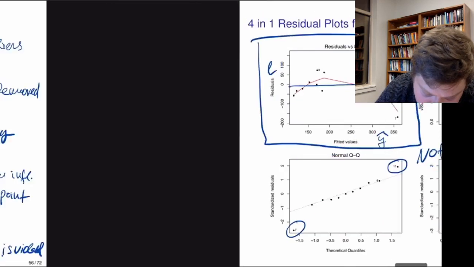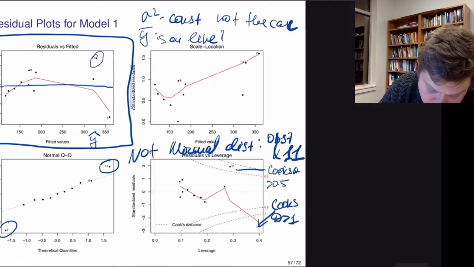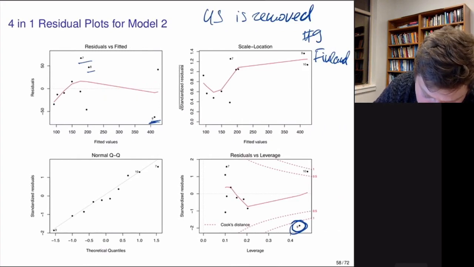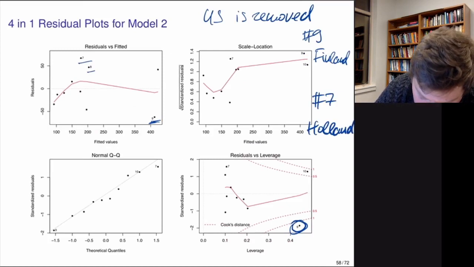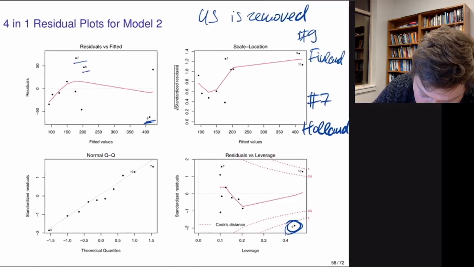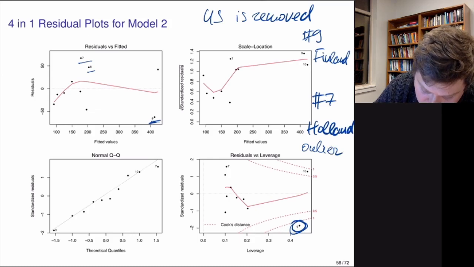Observation number 7 is Holland. And it looks like Holland is not an influential point, but an outlier. And it leads to the violation of normality. And observation number 9, which is Finland, is an influential point.